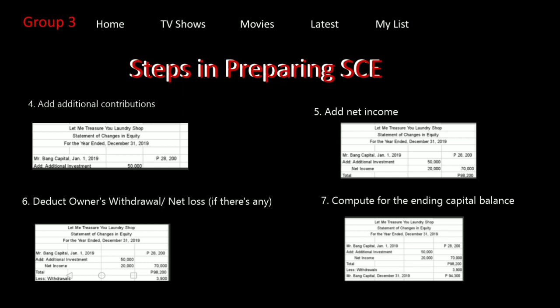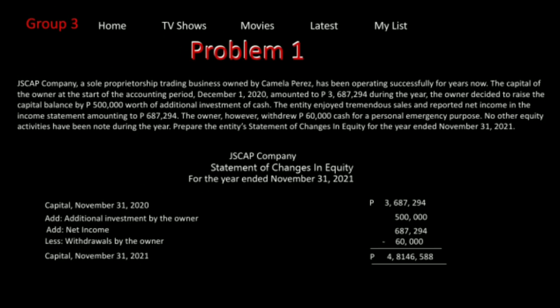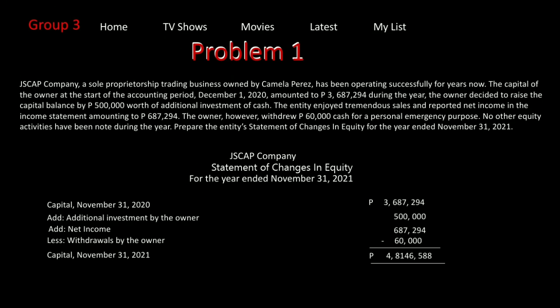Let's just subtract the total and the owner's withdrawal, which is 98,200 minus 3,900. So the ending capital balance will be 94,300 pesos.